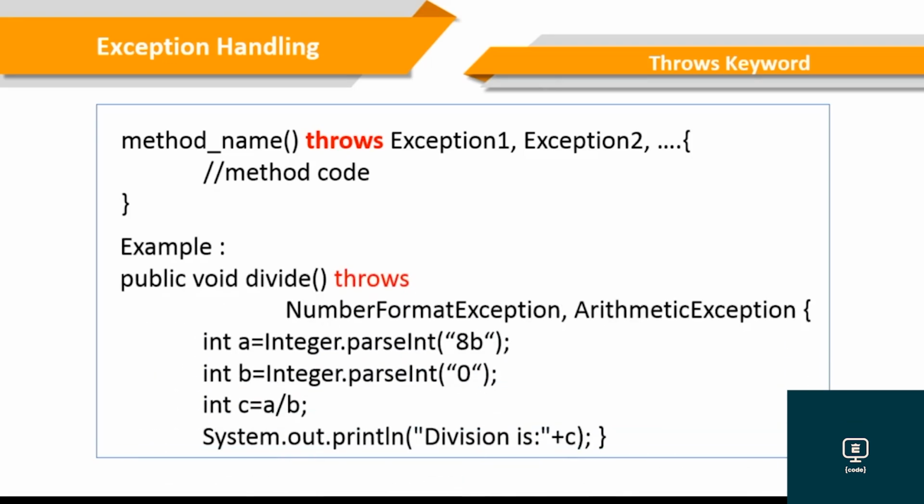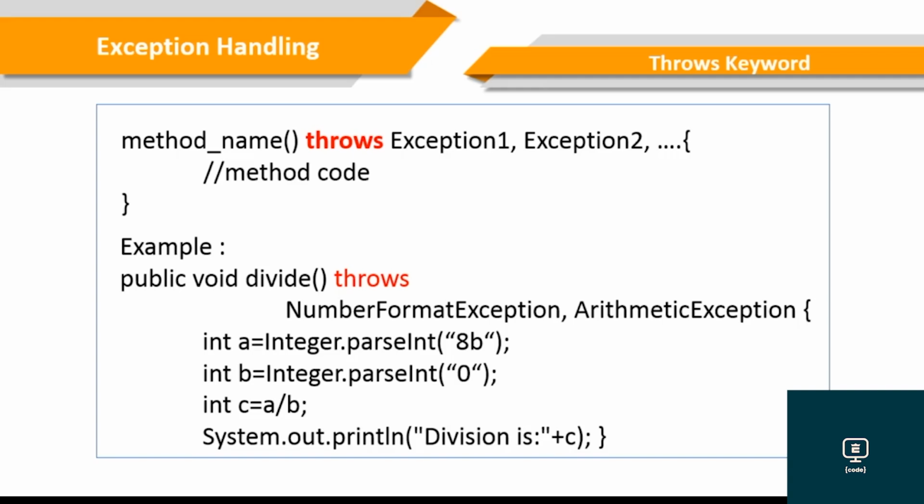So in our example, we have the void divide method that has no parameters. We throw two exception classes. The first one is the number format exception, and the second one is the arithmetic exception.